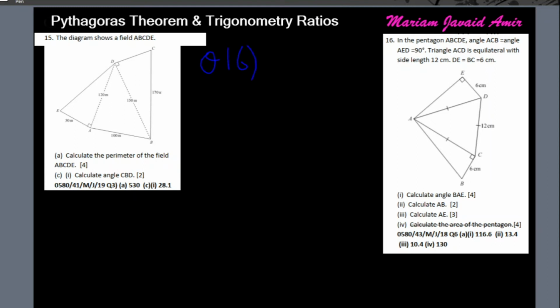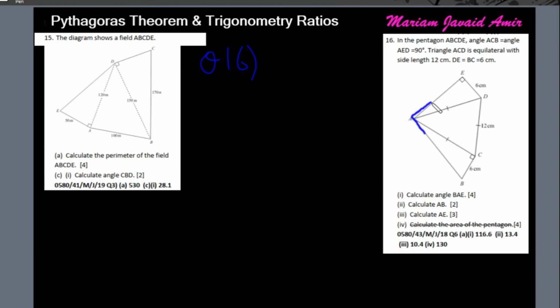Okay. In the pentagon ABCDE, angle ACB equals angle AED equals 90, there's an equilateral triangle in here and we're given certain lengths 6 and 12. Calculate angle BAE. So we need this whole angle.